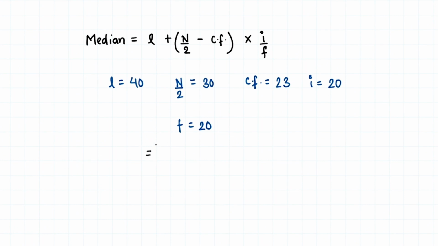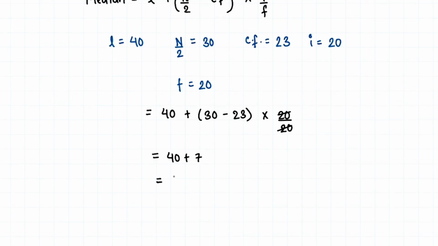So equals to our L is 40 plus our N by 2 is 30 minus our CF is 23, bracket close, times our I is 20 divided by our frequency is also 20. So we can cut this 20 and that 20. This is going to be equal to 40 plus 30 minus 23 is 7, which is equal to 47. And that's our median. And done.